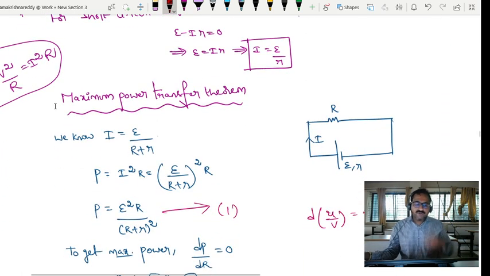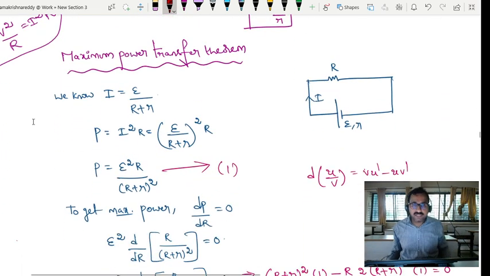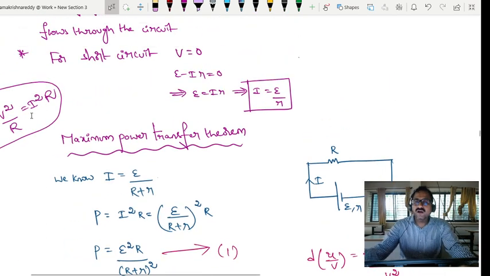Next, another important one is the maximum power transfer theorem, which is very important. All of you have to practice that one. Regarding the maximum power transfer theorem, we already studied the electric power formulas. What are the electric power formulas?